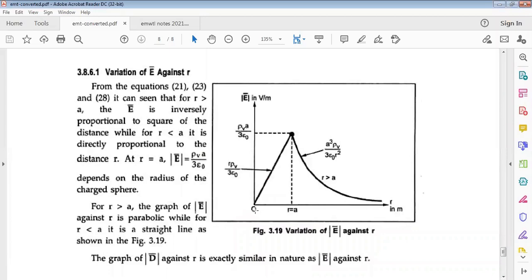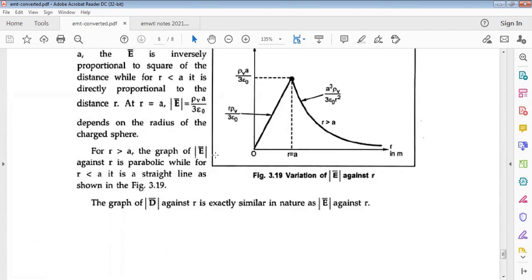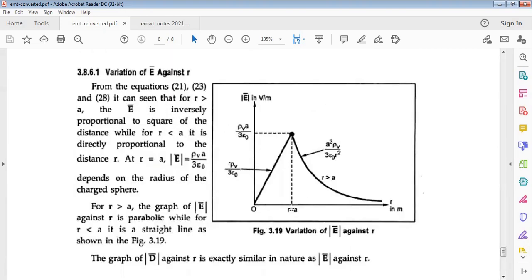For r less than a, it slowly increases. Why is that? You can see that for r greater than a, the graph of E bar against r is a parabola, while for r less than a, it is a straight line. Why is it a straight line? Because r is there in the numerator.